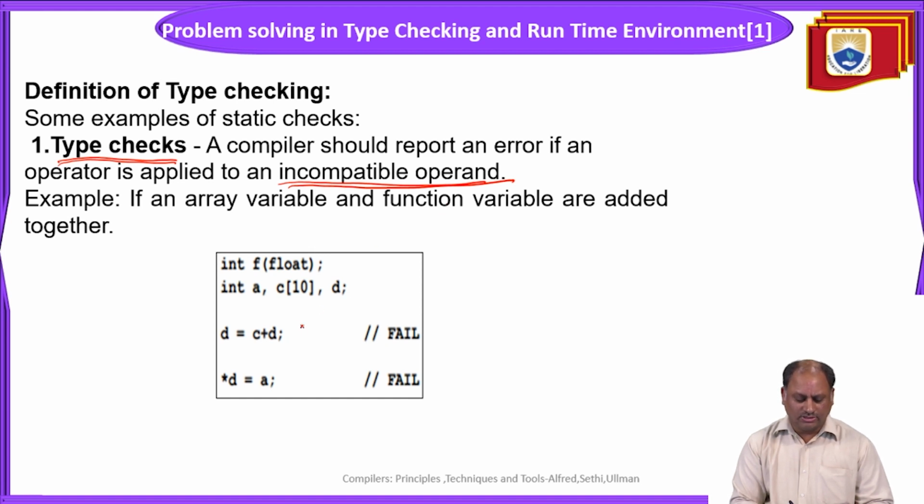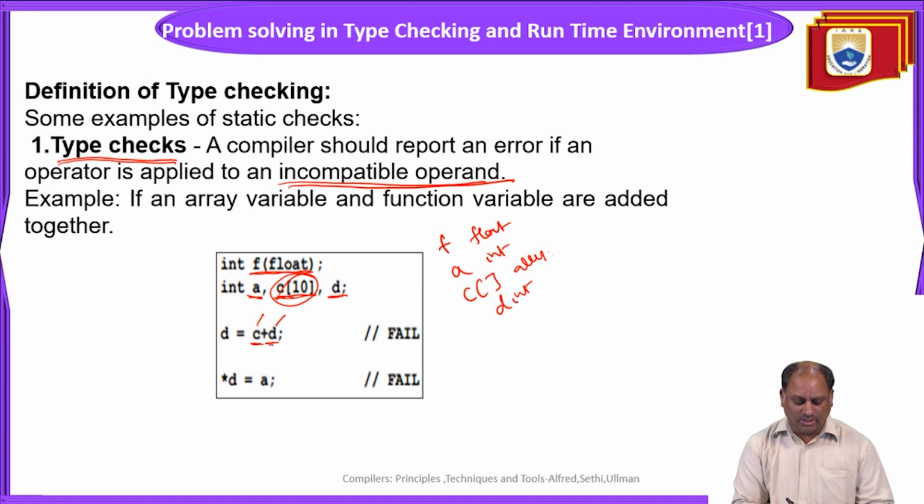For example, in this declaration we have used f as float, and a, c, d. Here f is float and a is integer, but c is an array type and d is also an integer. So we have used a combination of c with d. That means this is not an array type, but that is an array type, so this is not a compatible operation.